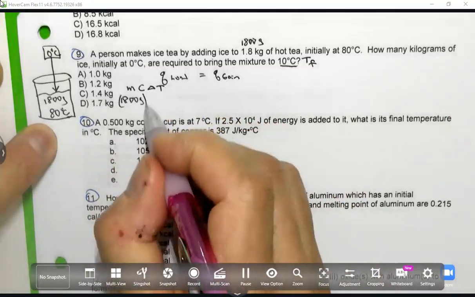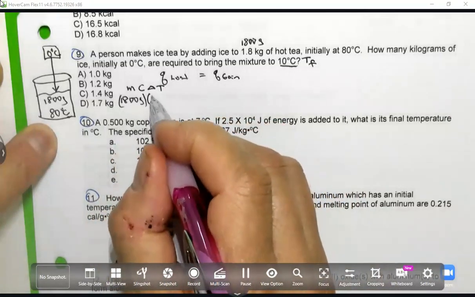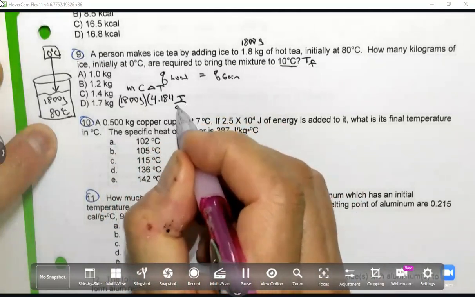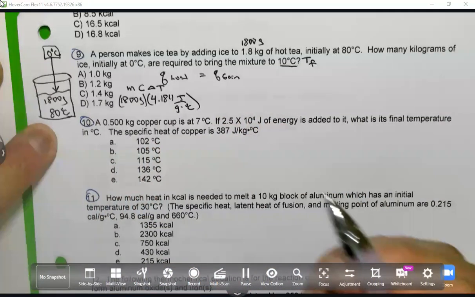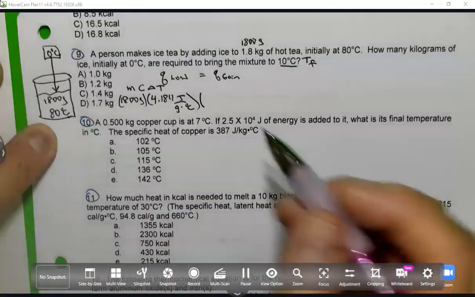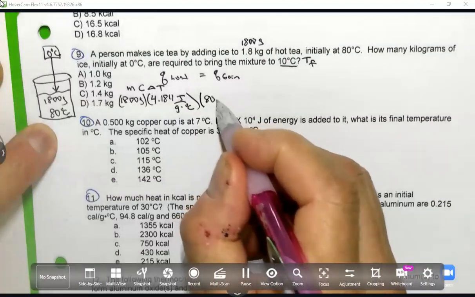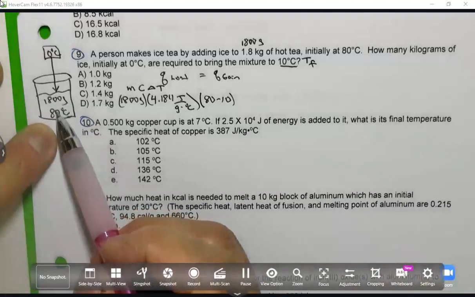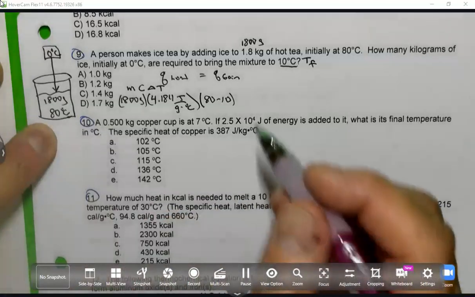The specific heat is water, 4.184 joules per gram degree Celsius. And my temperature change is 80 minus 10, right? I want to get this to 10 degrees.